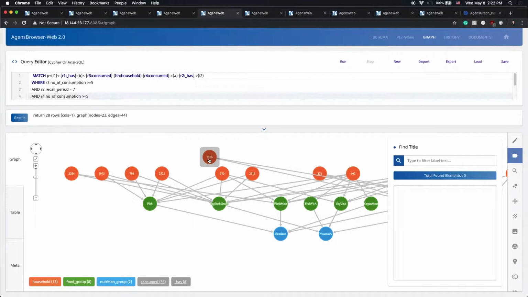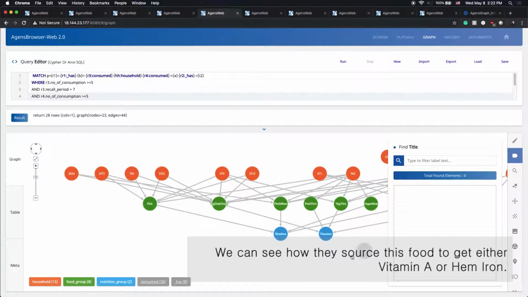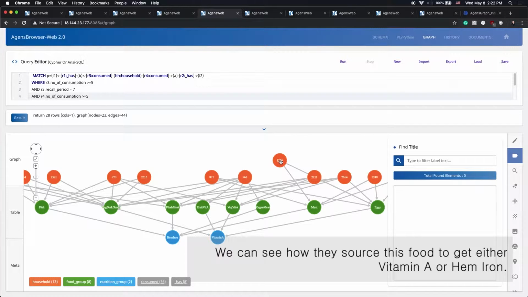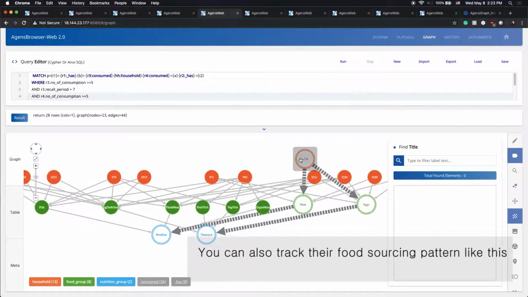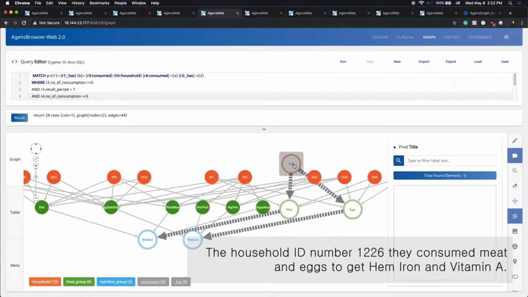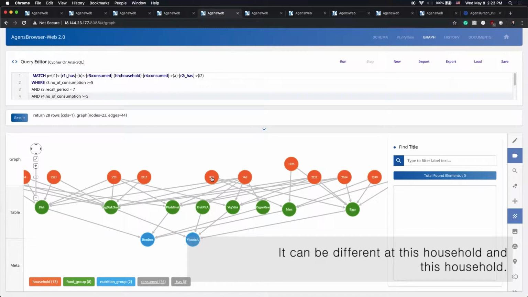So we can see how they source this food to get either vitamin A or heme iron. You can also track their food sourcing path like this. Household 1226 consumed meat and eggs to get heme iron and vitamin A. It can be different in this household or this household, right?